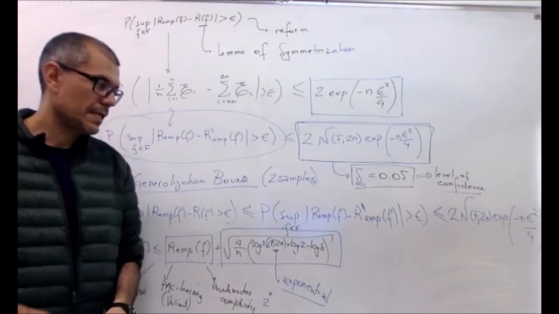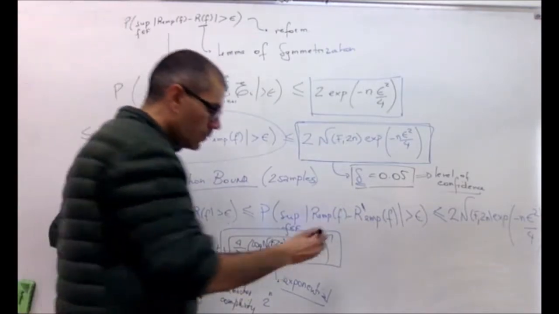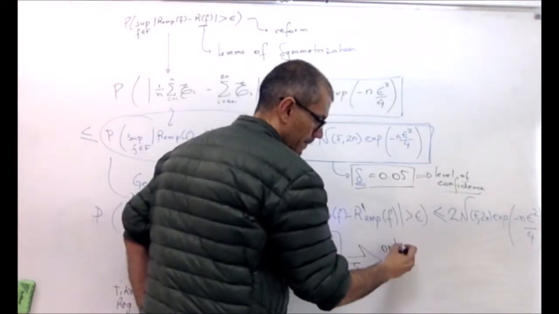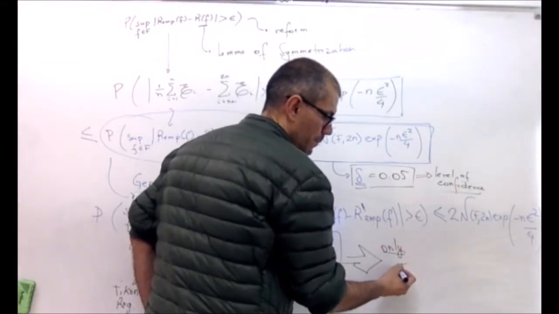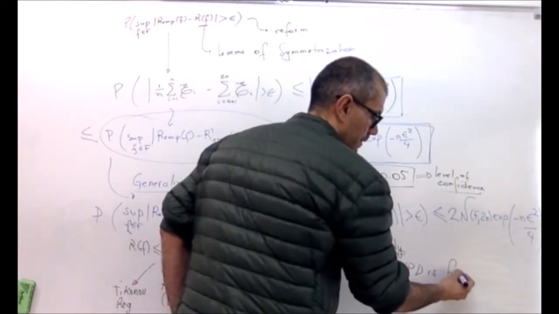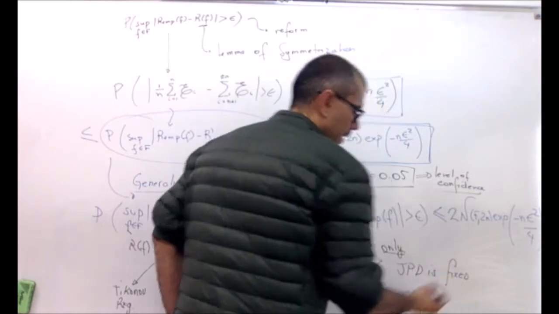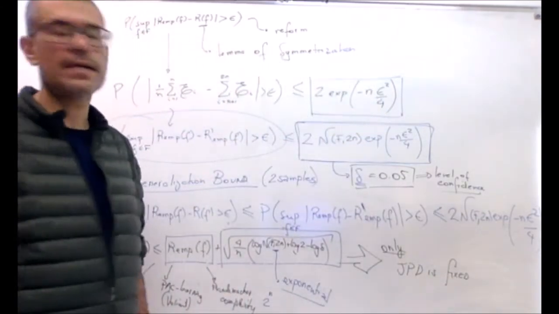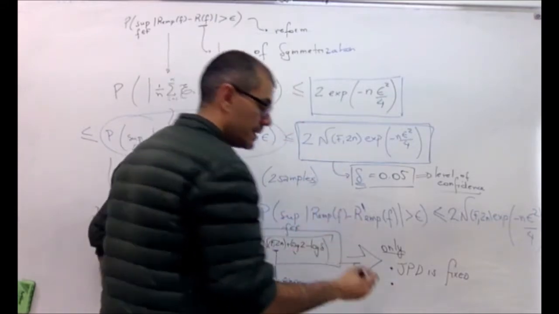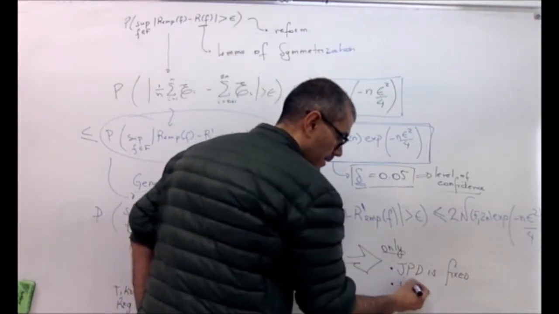Something else. And that's only ensured if my joint probability distribution is fixed, is static. That's only ensured, again, I think you remember from the first lecture, if my data is IID.